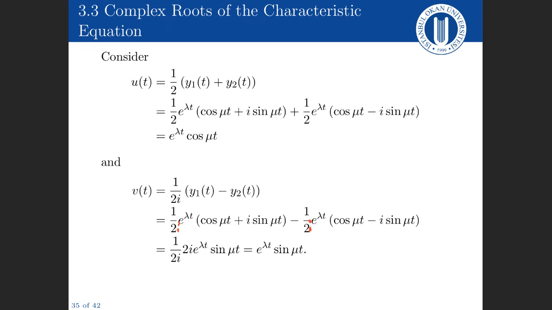I have plus 1 over 2i cos, and then minus 1 over 2i cos. So these two will cancel out. And there's minus and minus, minus and minus. Two minuses become plus. We have sine plus sine. In other words, we have 1 over 2i, and then 2i e to the lambda t sine mu t. The 2i cancels with the 2i, and we're left with e to the lambda t sine mu t.